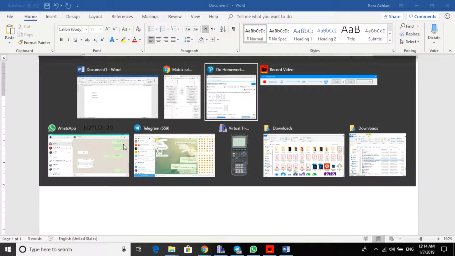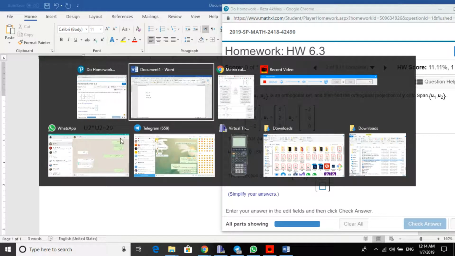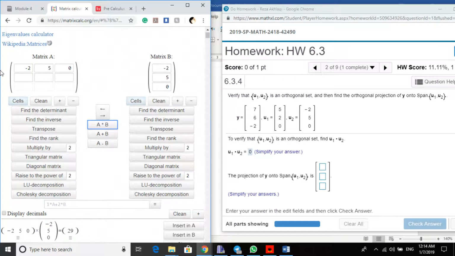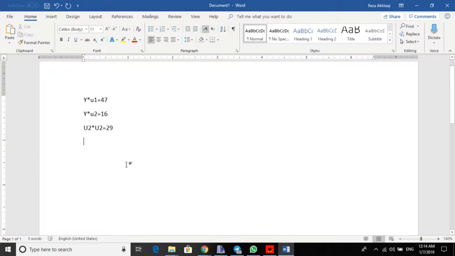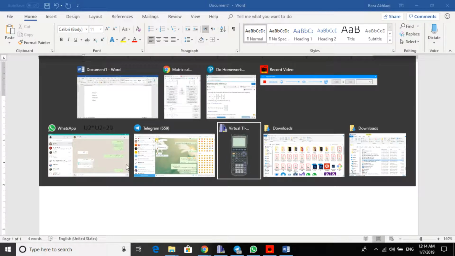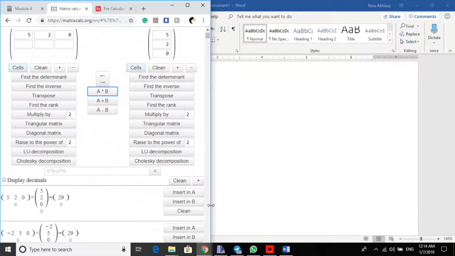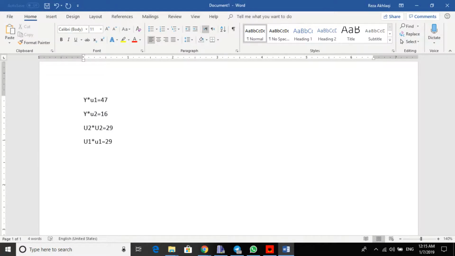And then we have to find u1 times u1. The transpose of u1 is 5, 2, 0, and the actual vector is 5, 2, 0. That's also 29, so both are 29.